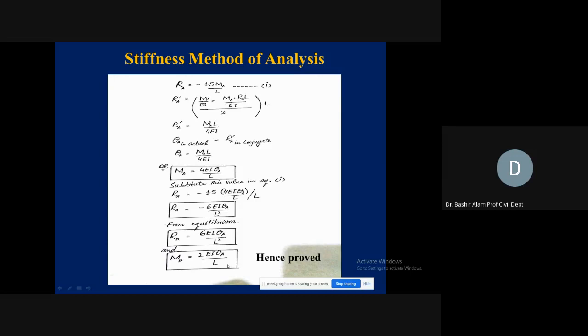At the far end, it will transfer by this half amount and it will be 2EI theta A divided by L. Now, the balancing couple, which will be the reactions at the support, will be an opposite couple to the unbalanced moment, and its magnitude will be 6EI theta A divided by L square. So this is how we fix the direction and how we find out the magnitude.